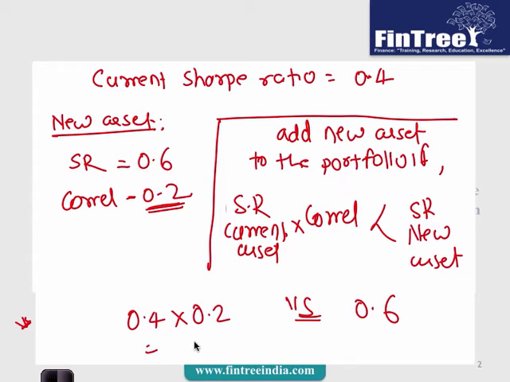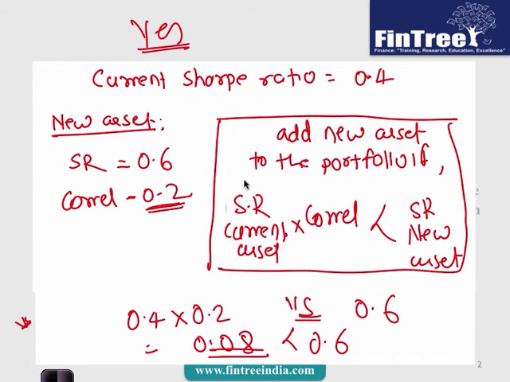So this value will come out to be 0.08, and since 0.6 is greater than 0.08, the decision in this case would be yes, that when the new asset is added to the existing portfolio, it will result into better diversification benefits. Okay, so the formula that we would want to remember is Sharpe ratio of the current asset multiplied with the correlation with the new asset, and this we are going to compare with Sharpe ratio of the new asset.